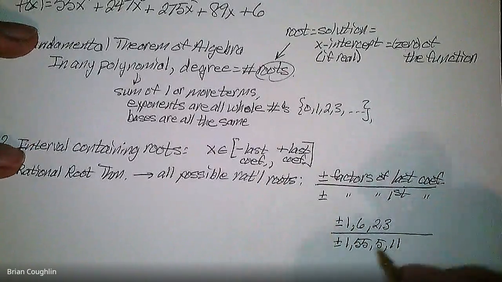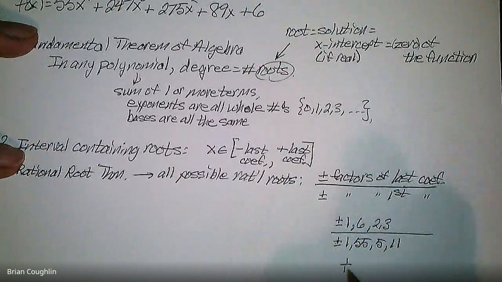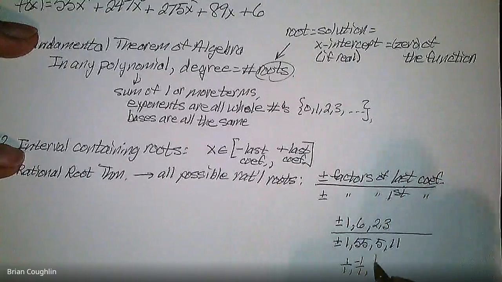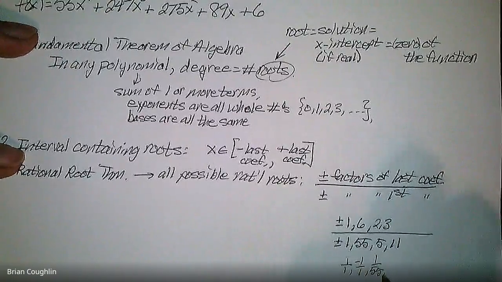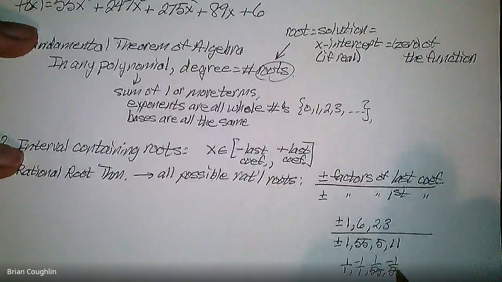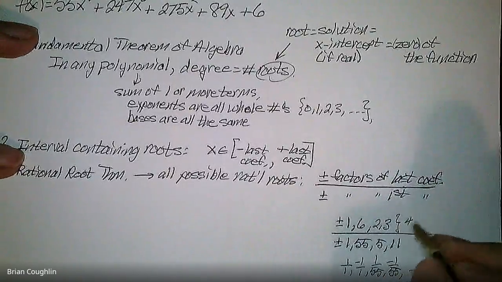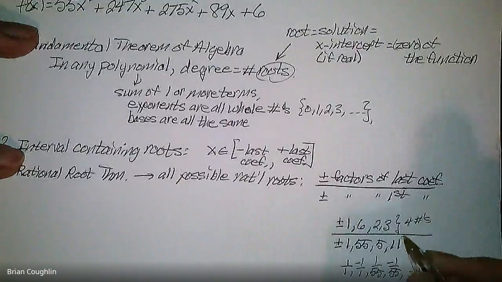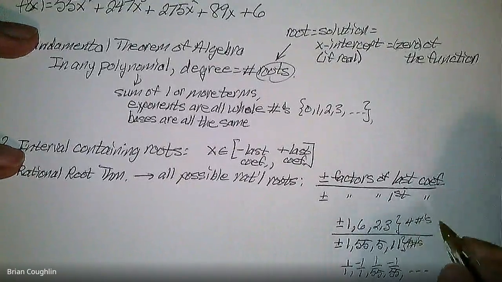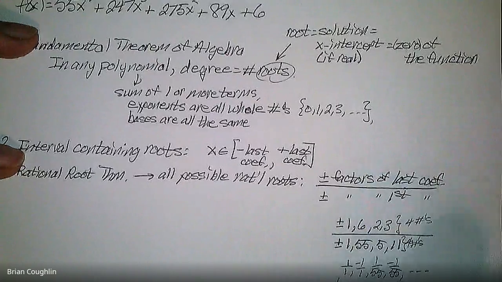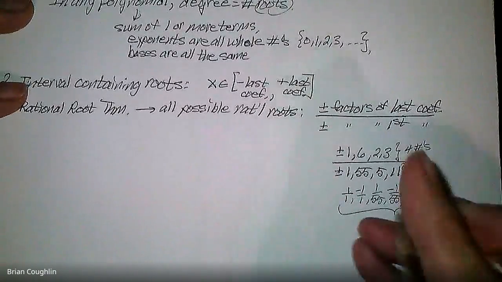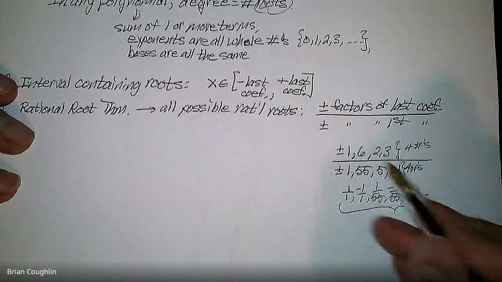What that really means is that you could have 1 over 1, -1 over 1, 1 over 55, -1 over 55, etc. You can have a lot of them. You notice there are 4 numbers here, and there are 4 numbers here. Well, the total number of possible fractions is going to be this times this.